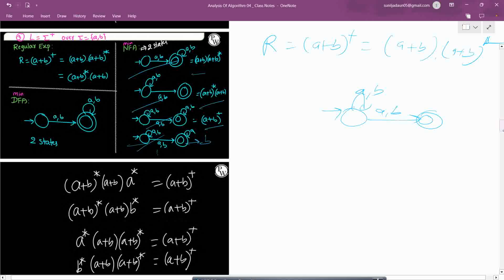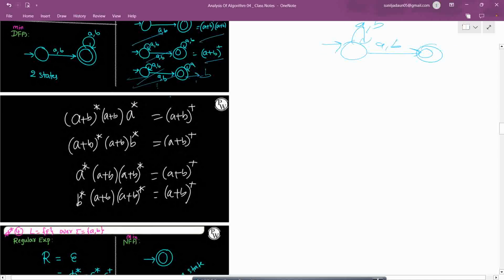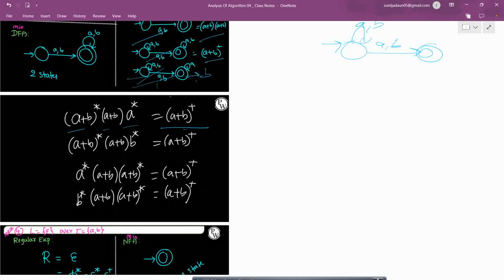This is a different type of transition for b from here. But this is still an NFA because all the strings are generated by that. What is (a+b)*? (a+c)*: what is this equivalent to? (a+b)(ab)+, (ab+)* + b, (a+b)*. This is also (a+b)*.